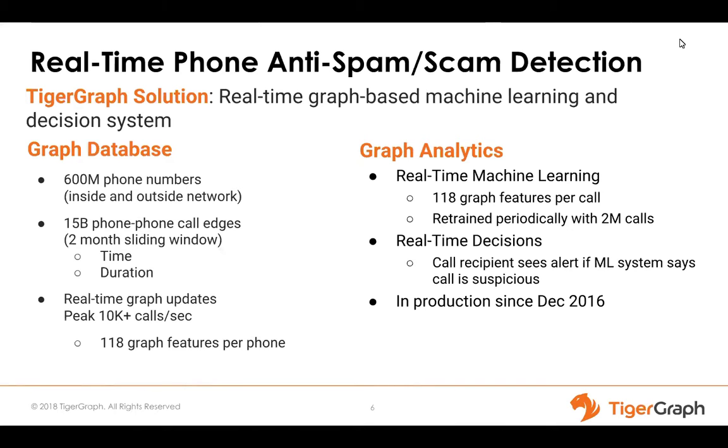And then once we have the machine learning model, it is applied in real time. Those 118 features are extracted in real time and applied to the model to see whether a call appears to be unwanted or not. We did this work in 2016. It was deployed at the end of 2016, so it's been running for almost 2 years now.